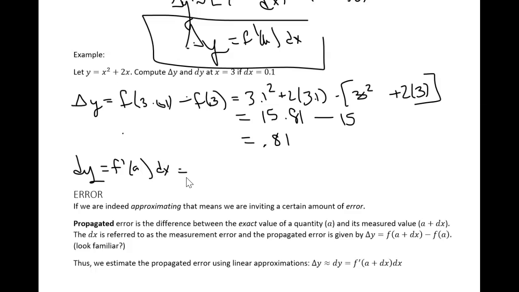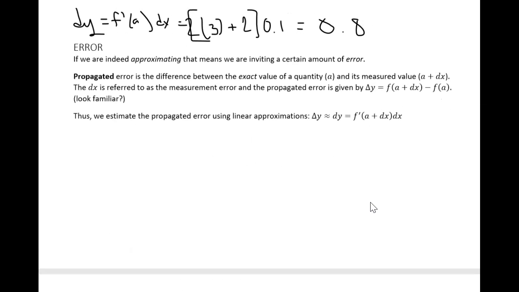And so we're going to take the derivative of this function and plug in x, and then multiply by dx. And so that's 8 times 0.1, which is 0.8. And you can see that these are within 1/100th of each other. So this is a very close approximation of the change in y.